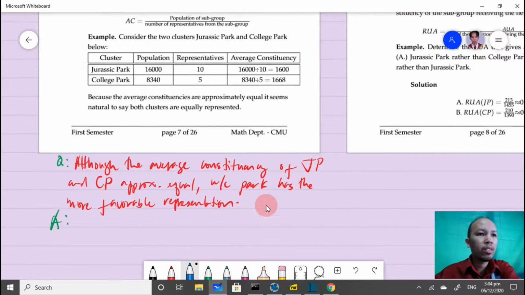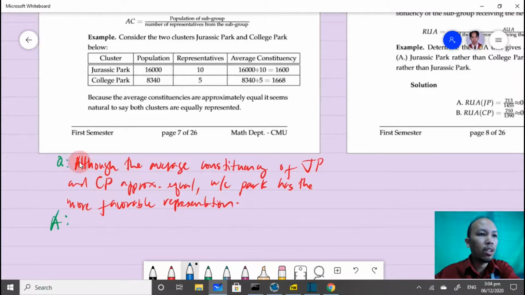This is the question I wrote here: although the average constituencies of Jurassic Park and College Park are approximately equal, which park has the more favorable representation?